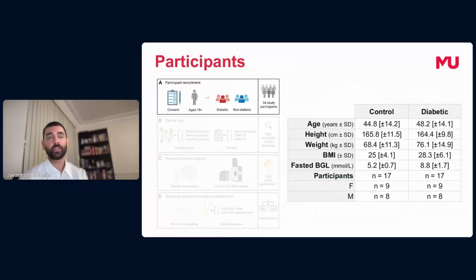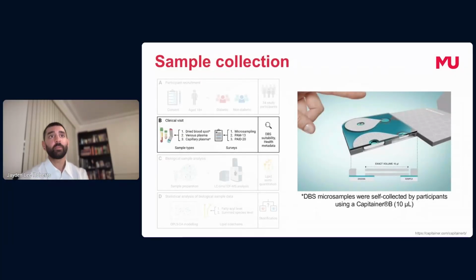And on average, the non-diabetic controls had lower weight, BMI, and fasting glucose levels. For the sample collection, participants attended a clinic for collection of 3 sample types, namely a DBS microsample and capillary plasma, which were self-collected by the participants, as well as a venous plasma sample, which was collected by a trained phlebotomist.